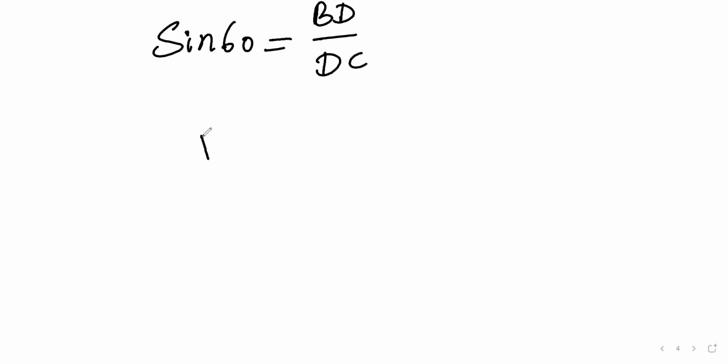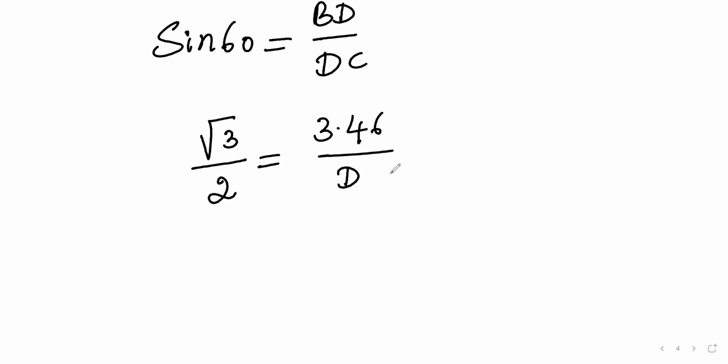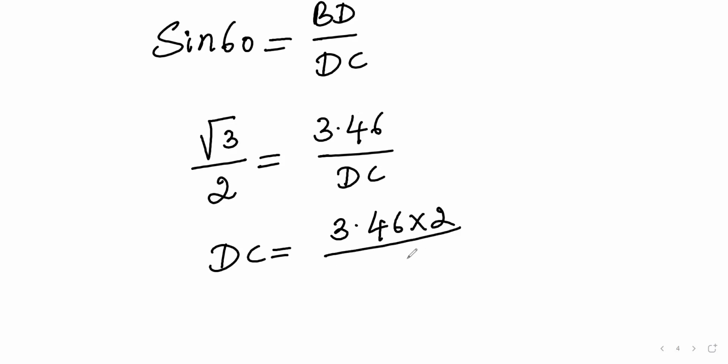But sin 60 equals what? Root 3 by 2. And BD is 3.46 and DC is unknown. We have to find it out. So DC equals 3.46 into 2, cross multiplication, divided by root 3.